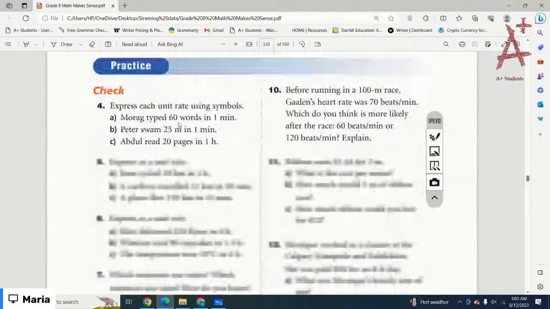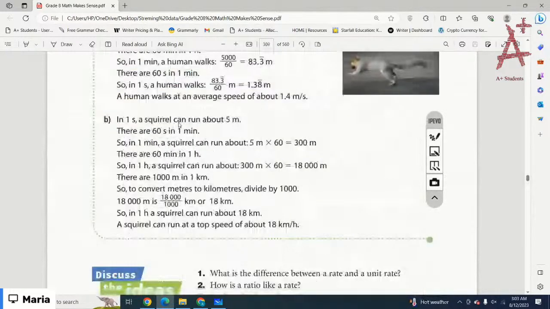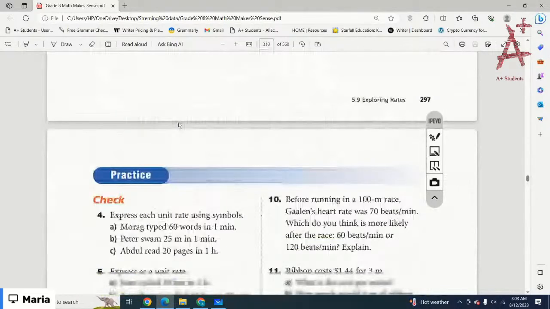Okay, practice questions we're going to start with. The first question, number 4, is express each unit rate using symbols. So you have to express using symbols. Morak typed 60 words in 1 minute.